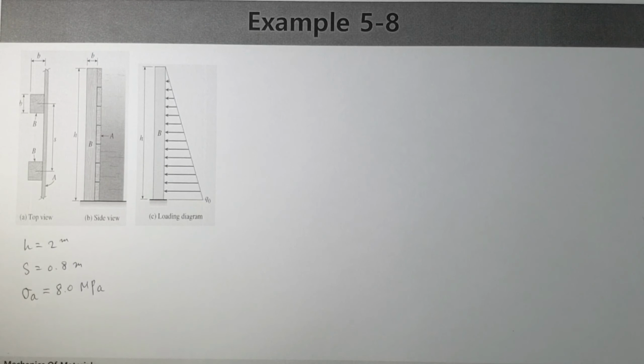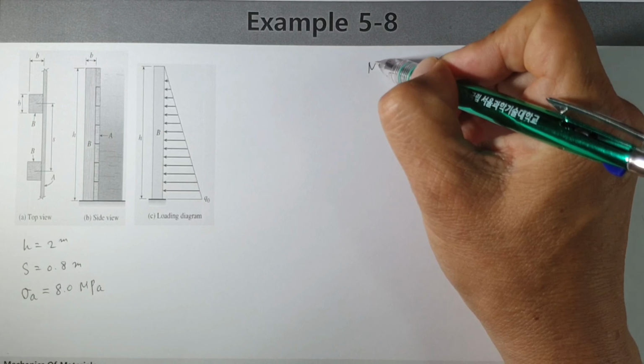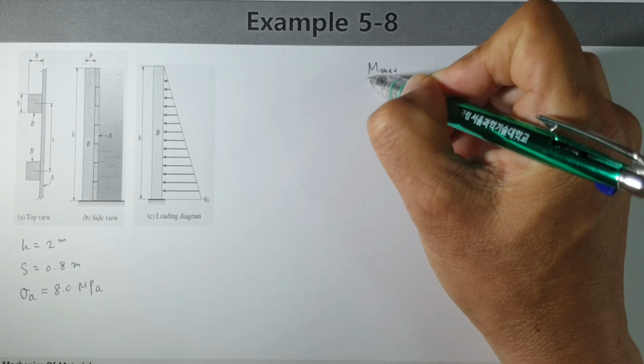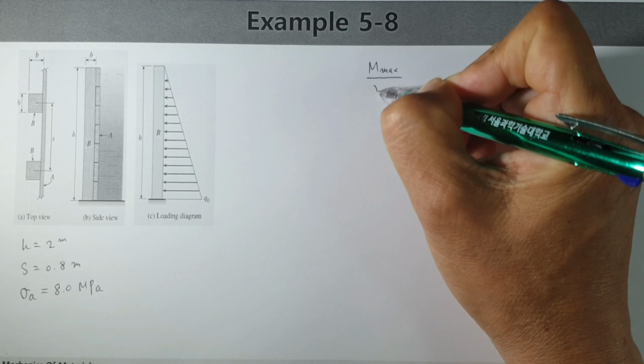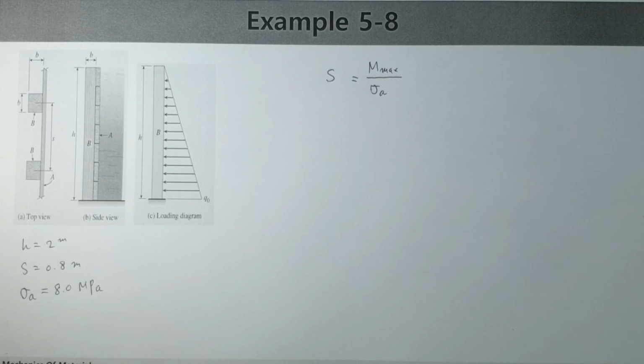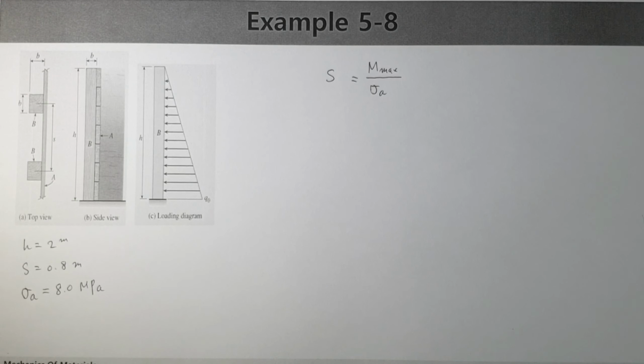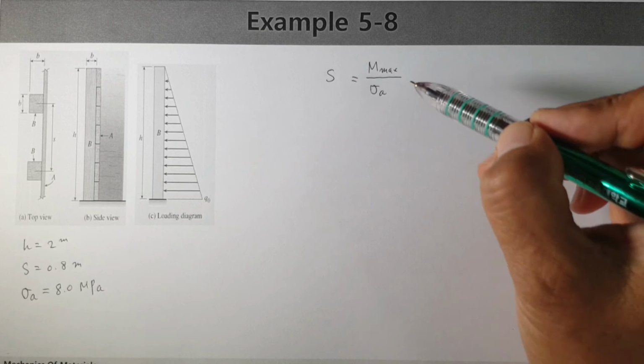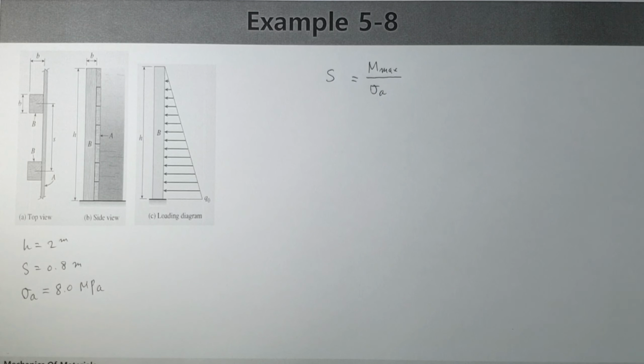How can we solve it? How can we attack it? At first, let's think about the maximum bending moment. The maximum bending moment divided by the allowable stress gives us the section modulus S. In order to apply this formula, first let's find the maximum bending moment.